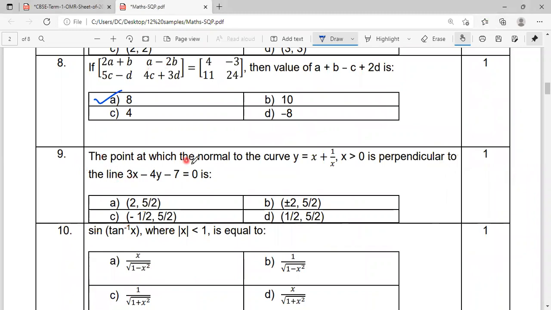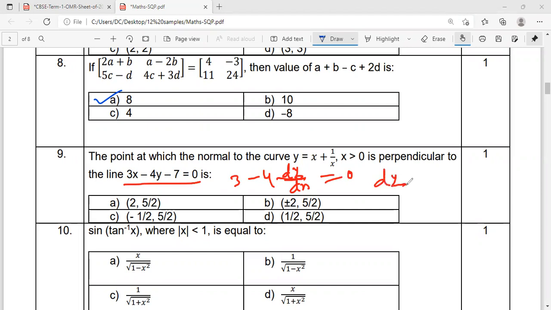The point at which the normal to the curve is perpendicular to the given line. See, we can find the slope of this line. To find the slope of this line, we can differentiate both sides with respect to x. Differentiation of 3x is 3, minus 4 dy by dx is equal to 0.